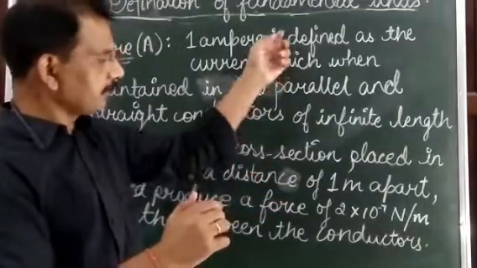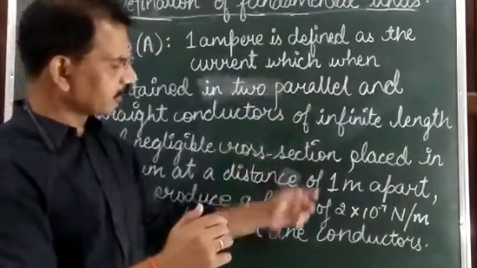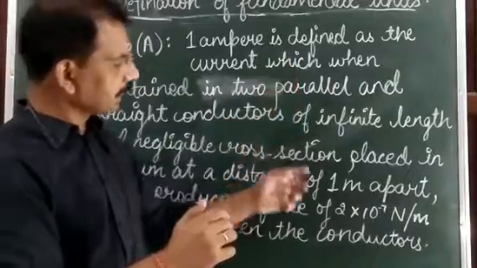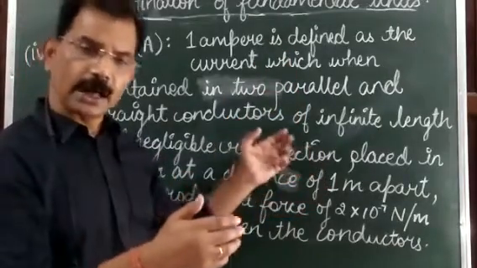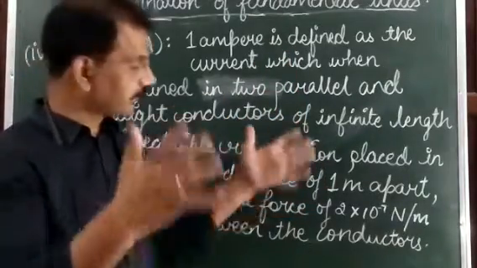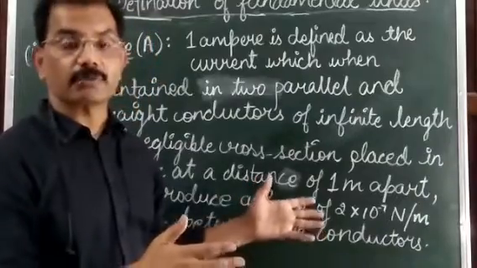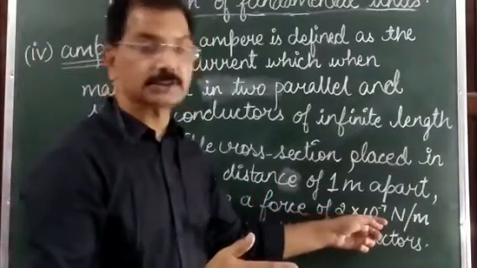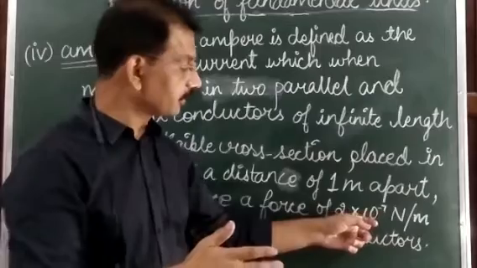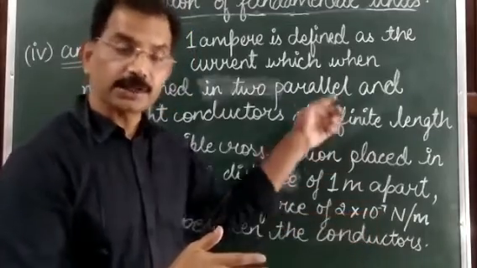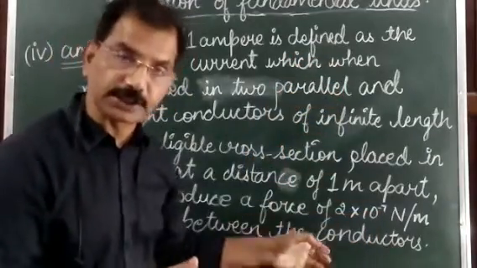So here only you learn it if it is possible, and the same definition in class 12 again I will give you in detail. How can we define it and how can you find this force 2 into 10⁻⁷ Newton, all these things are given in class 12. Here you learn only the definition.